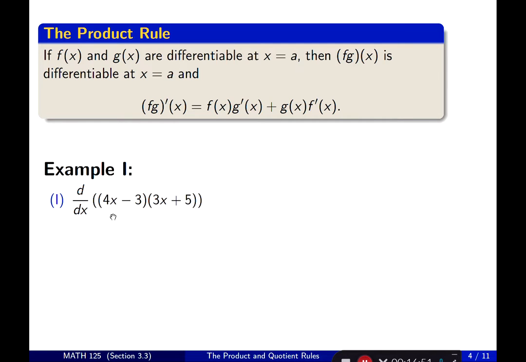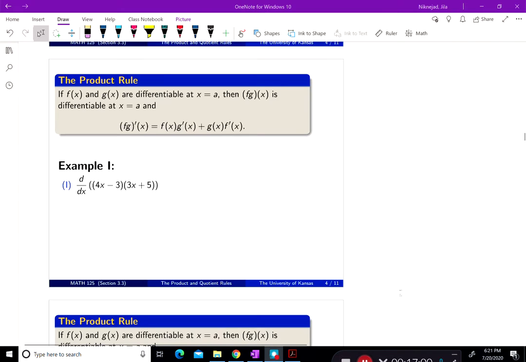How do I do this with knowledge of 3.1? You just FOIL these two and then take the derivative. So according to the product rule, let's say this is f of x, and this one would be g of x.